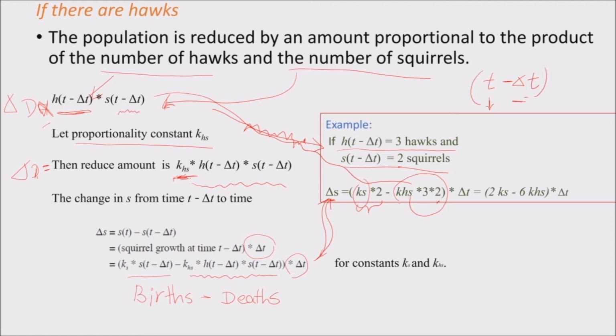You multiply those two, and then the whole thing is multiplied by delta t, which is the same delta t. So the equation is equal to 2ks minus 6 because of the total population into khs, multiplied by delta t.